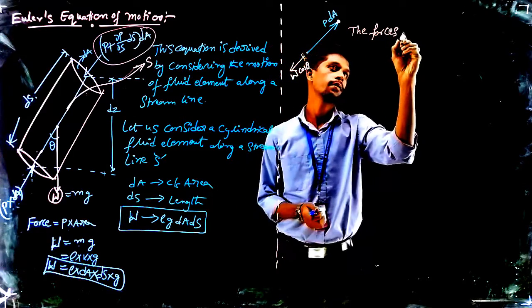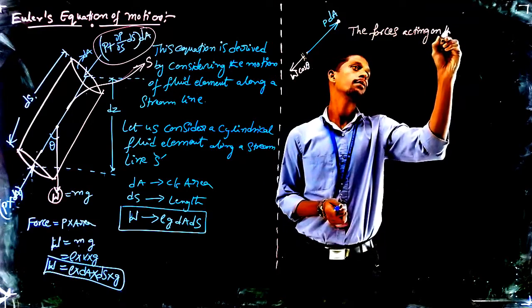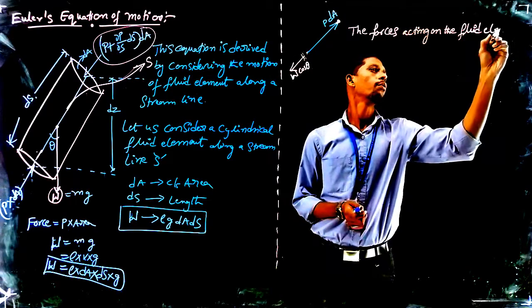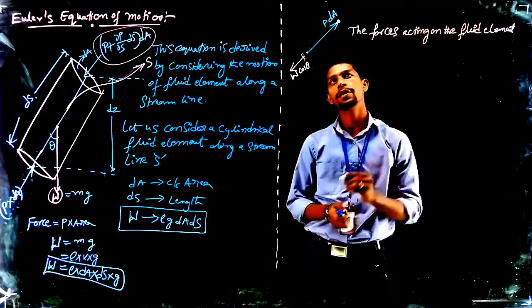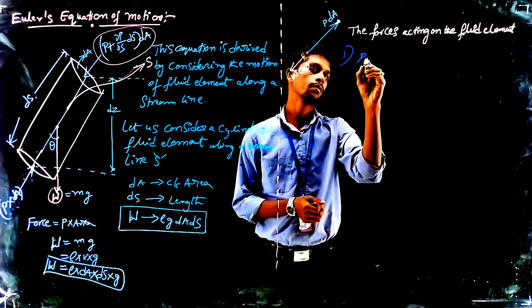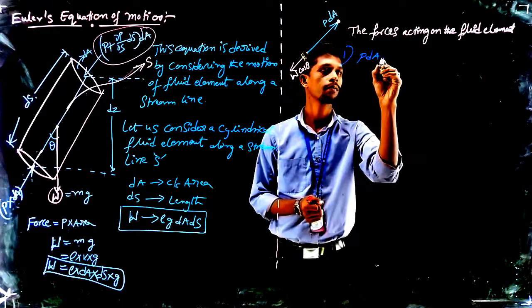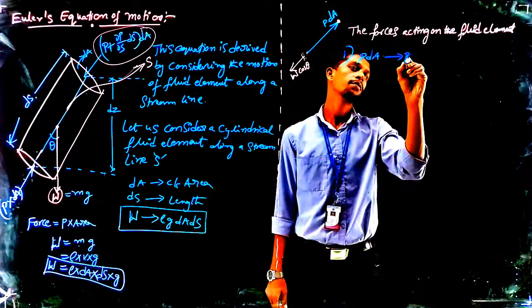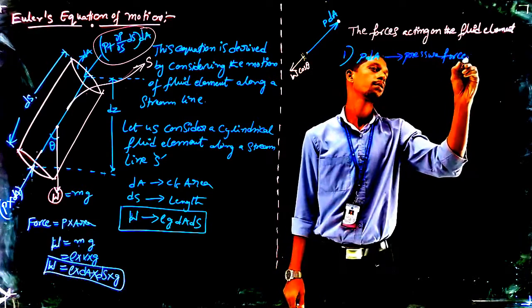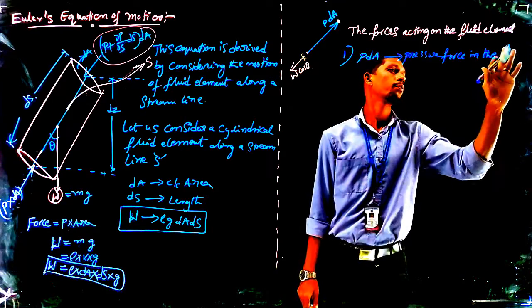The forces acting on the fluid element. So the first one is P into dA, which is the pressure force in the direction of flow.